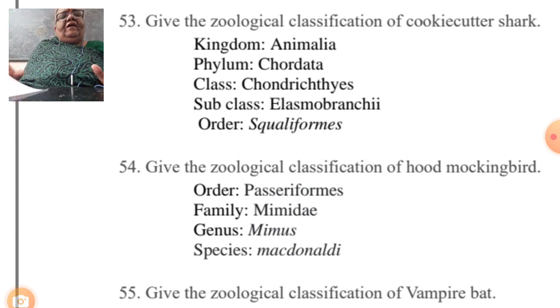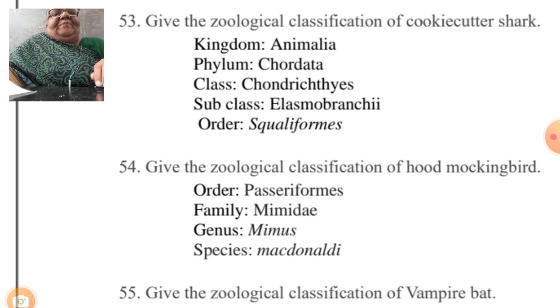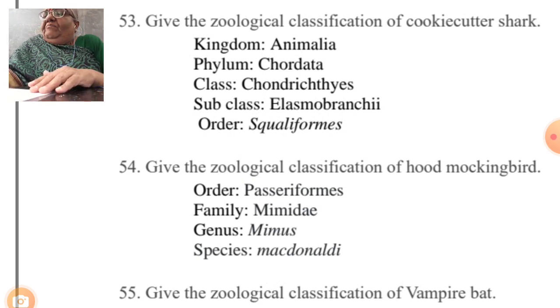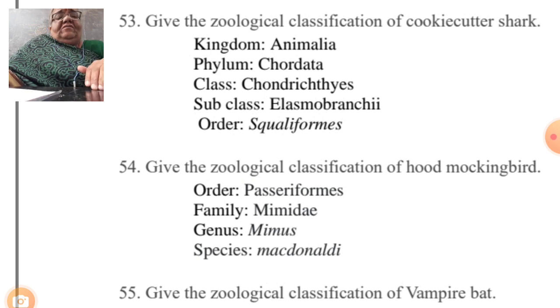And one more bird, which is a parasite, is the hood mockingbird. This is also a common name, hood mockingbird. So its classification goes like this. Same, kingdom Animalia, phylum Chordata, class Aves.